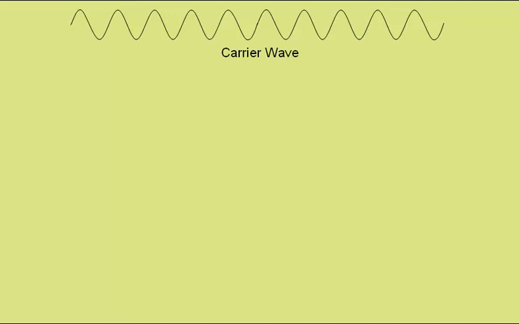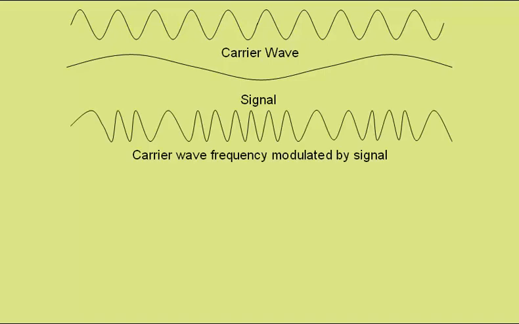We'll now look at the second method of encoding the signal onto the carrier wave. Again, we have a high frequency carrier wave and a lower frequency signal. The combination now looks something like this, where the high amplitude of the signal is shown as a higher frequency in the combination. The low amplitude of the signal is shown as a lower frequency of the combination.